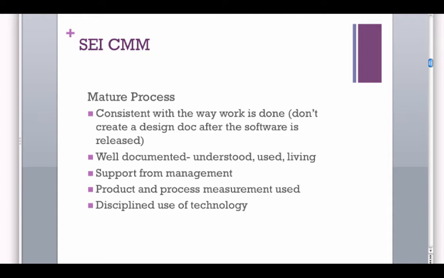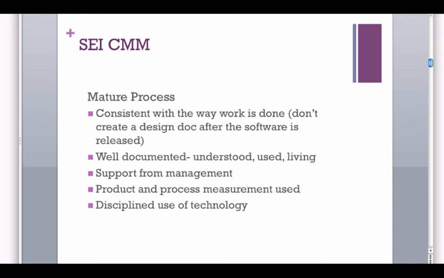A mature process is well documented, so it's understood by all, and a lot of times that means there should be formal training on the process. Process should be used, so you can't just pick and choose things to do on your mood that day.